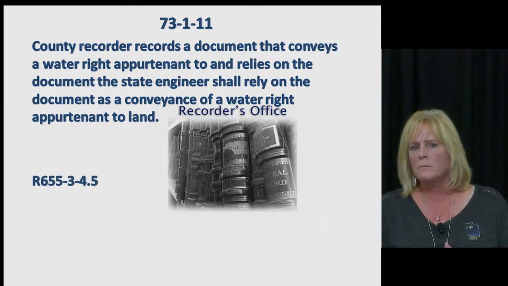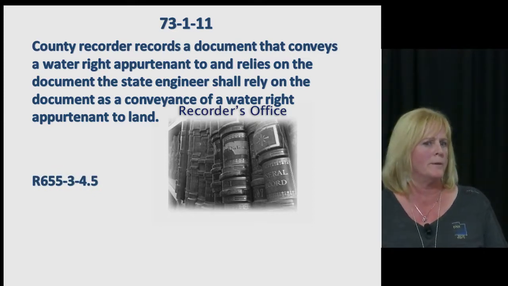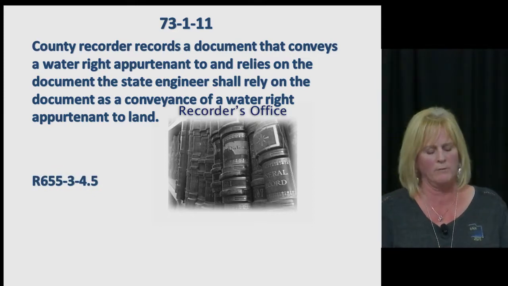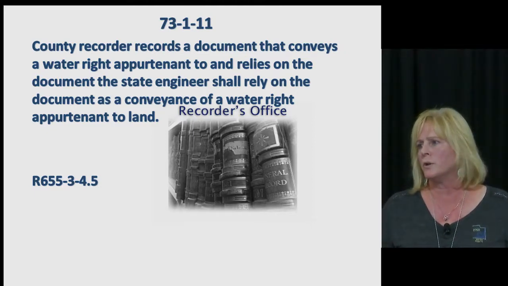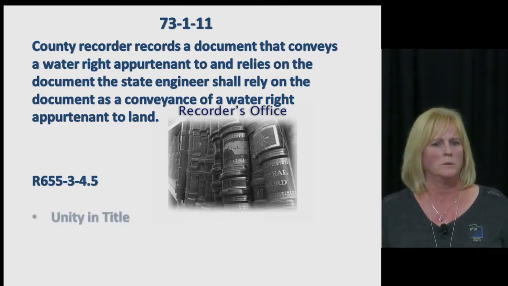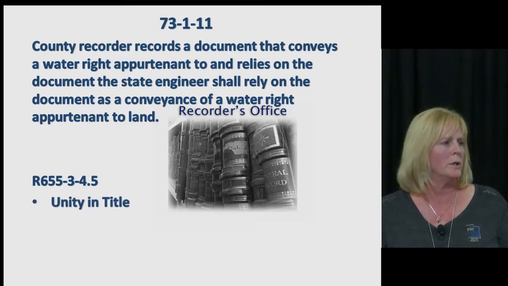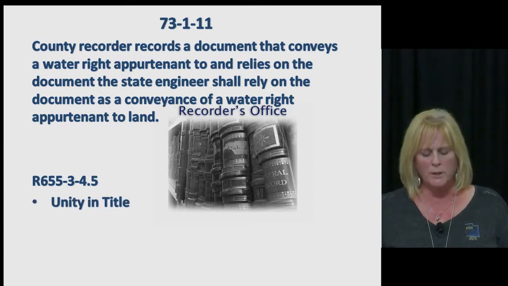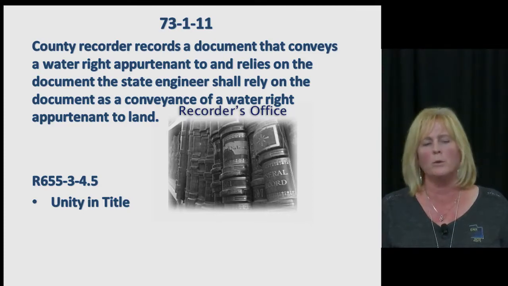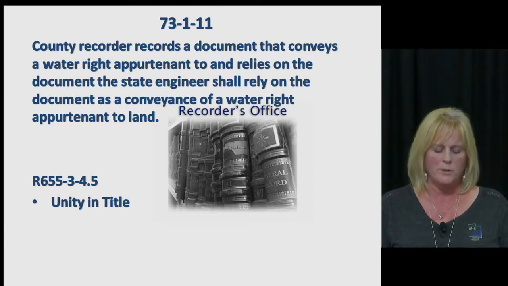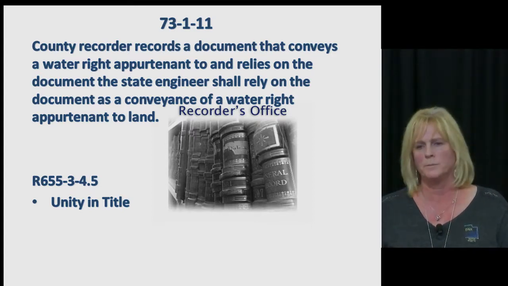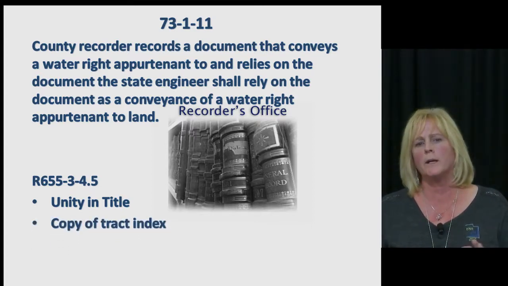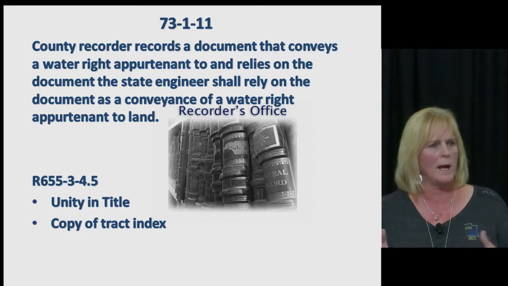However, as per Rule 655-3-4.5, the requirements to use this statute for any of the professionals are you have to show unity of title. So you will need to show unity with the owner on the water right record as to the landowner on the document. You have to have a copy of the tract index or abstract.